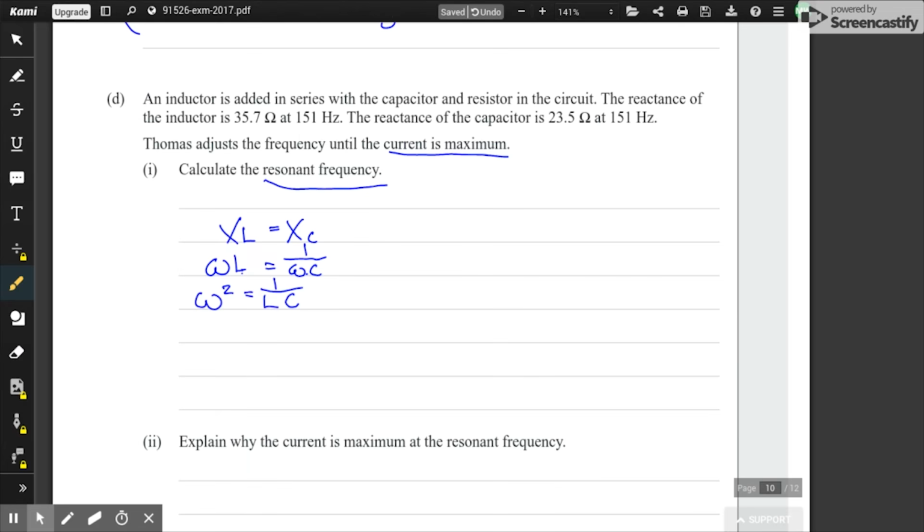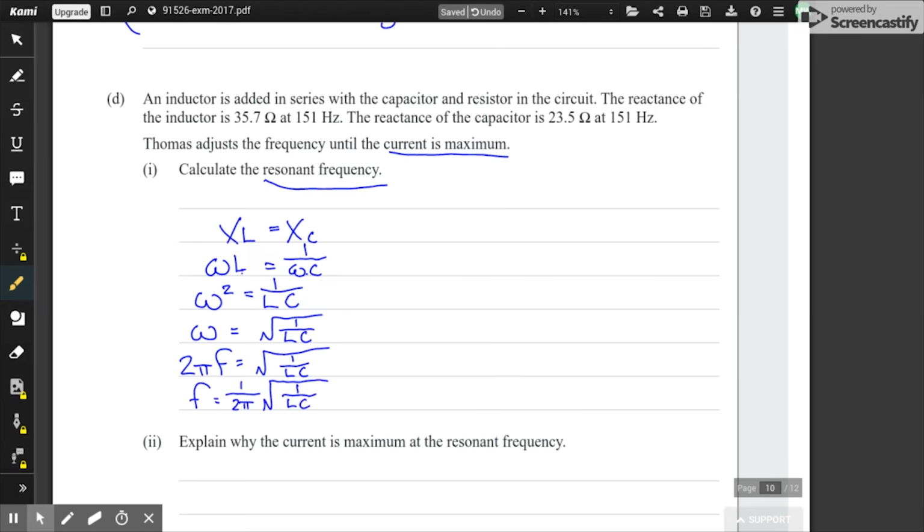Now I can square root both sides. And our angular frequency can be expressed in terms of our plain old natural frequency as 2 pi f. If I divide both sides by 2 pi, I've solved for my frequency.